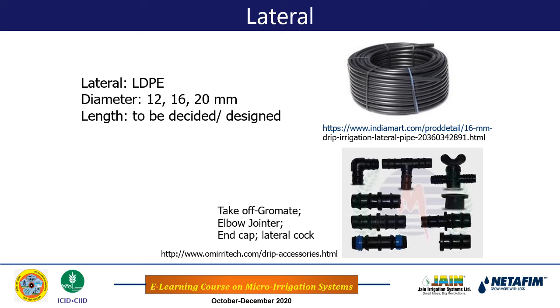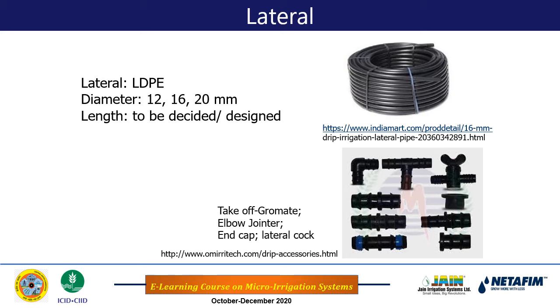Elbow is required especially when in one season we have a crop with less lateral spacing, and in another season a crop with more lateral spacing. Then, just to adjust the position of the lateral, we need an elbow.